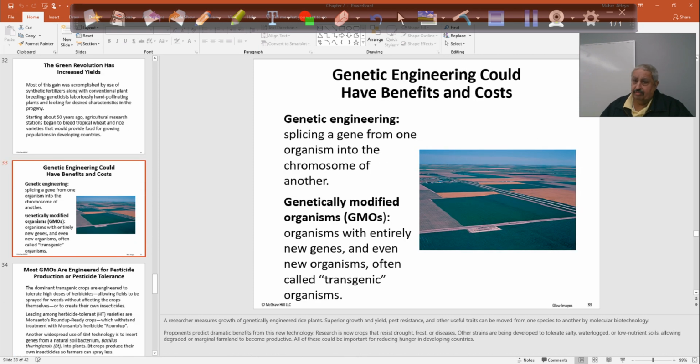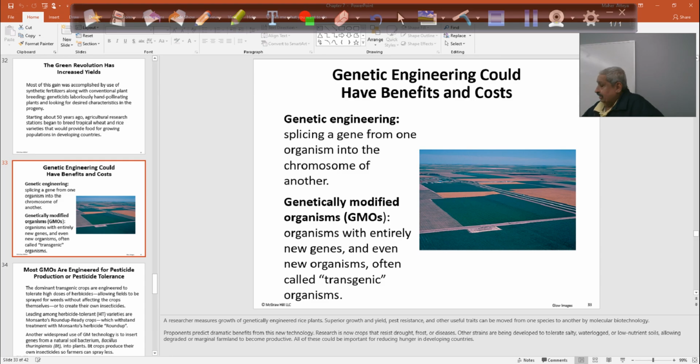Genetic engineering could have benefits and costs. That's happened not only for plants, but also for humans. You are altering the genes by taking one gene from one plant and implanting it into the chromosome of another plant. If the other plant is weak, you want to make it stronger to fight pests and any intruders.